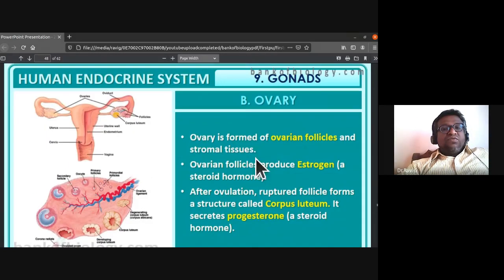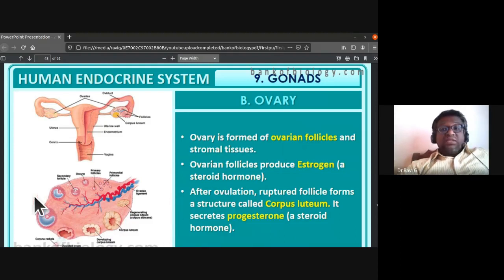The ovary is formed of ovarian follicles and stromal tissues. So primary follicles, secondary follicles, then the mature one, we call it the Graafian follicle. The Graafian follicle releases this ovum or egg cell.